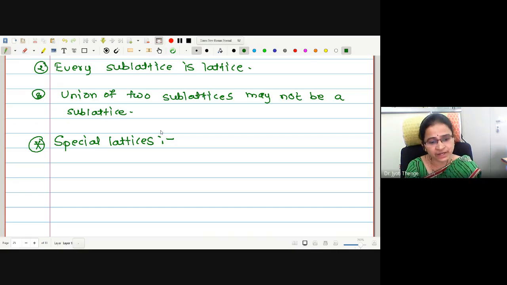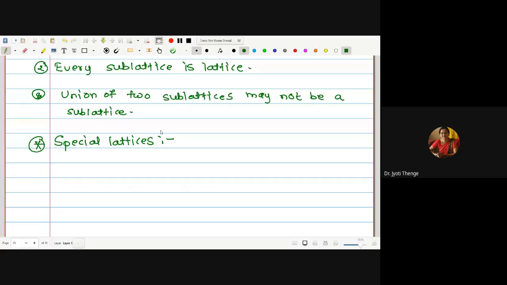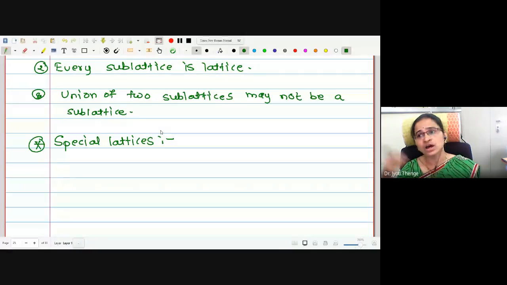What have we defined in lattice? A poset is said to be a lattice if every pair of elements has LUB and GLB. We extend this for a 3 element subset, a 4 element subset, for finite and for infinite.